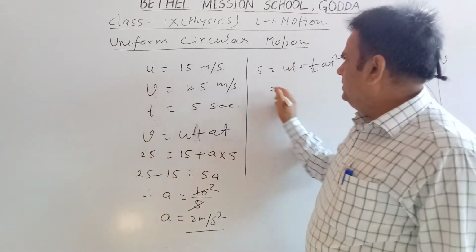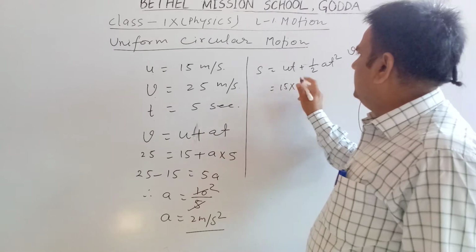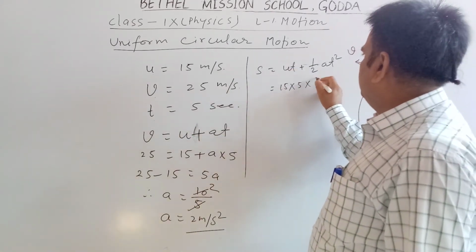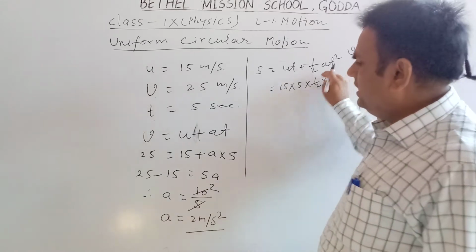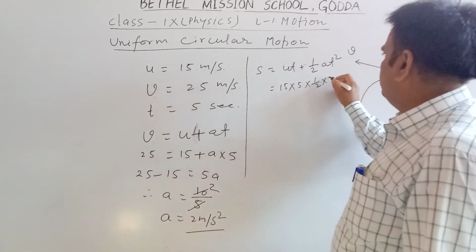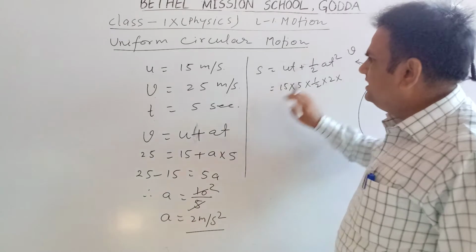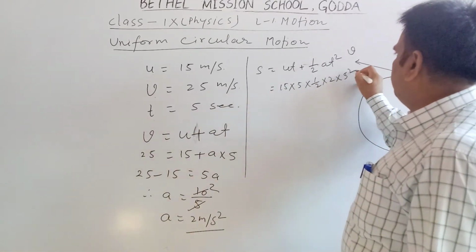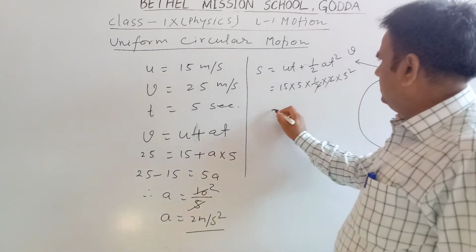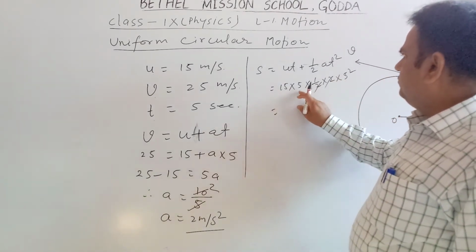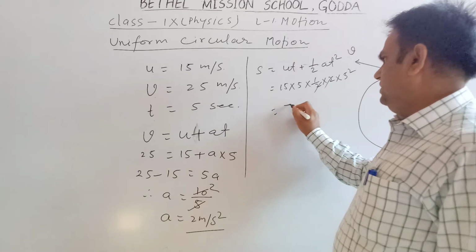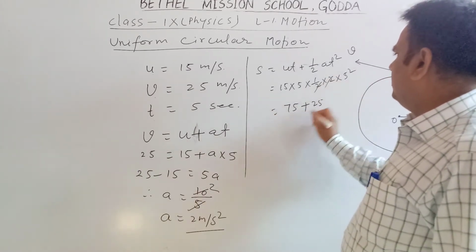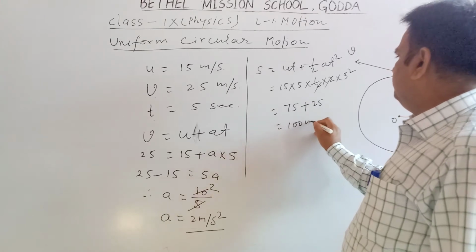u is 15, t time is 5 seconds, 1 by 2, a we have 2 meter per second square, and t is again 5 seconds, so 5 square. 2 is cancelled. 15 into 5 is 75, plus 5 square is 25, total 100 meter.